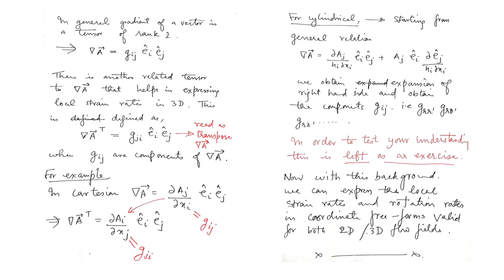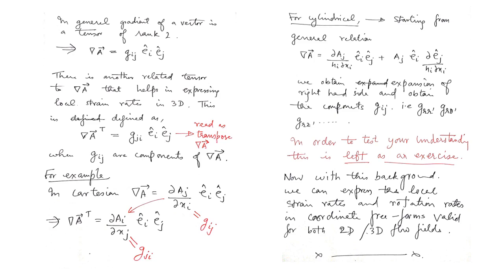Okay, so now with this background, we can conclude this rather lengthy 1 hour lecture. With this background we can express the local strain rates and local rotation rates in coordinate free forms, which are valid for both 2D and 3D flow fields. So this is something very, very attractive for us.